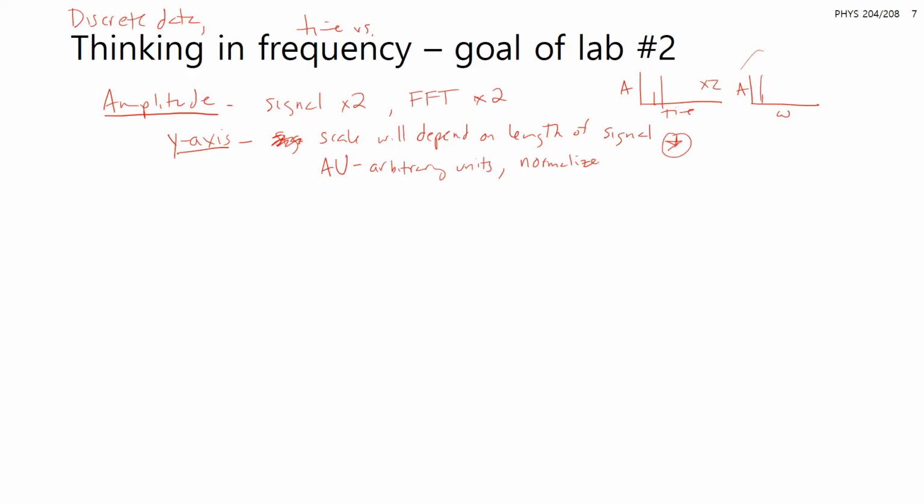I'm noting this because in Lab 2, in past years, people turn it in and they'll put voltage on the y-axis scale. That's not the label that should be there. So think about the units in the y-axis when you're in frequency space. It's okay for you to use arbitrary units or normalize because we're more concerned about the shape and the size, let's say size is like the relative magnitudes there.